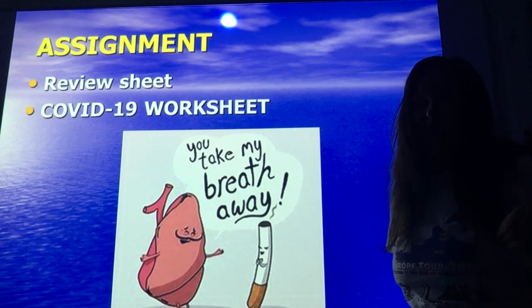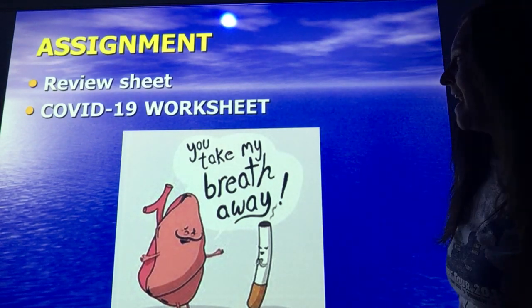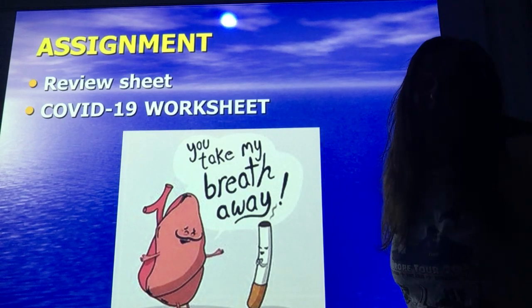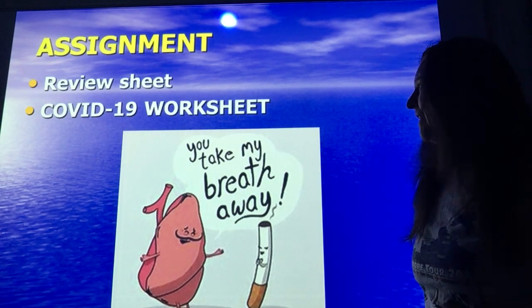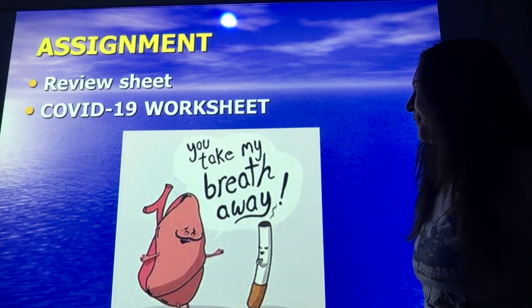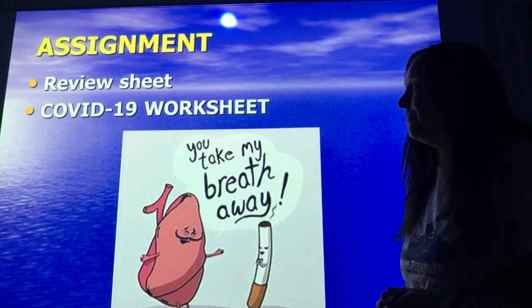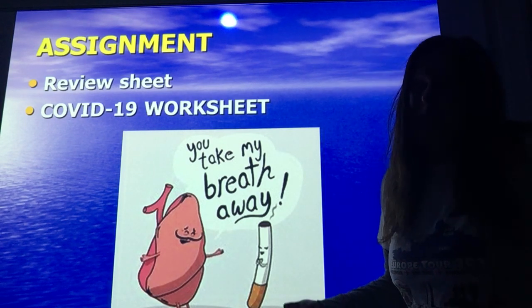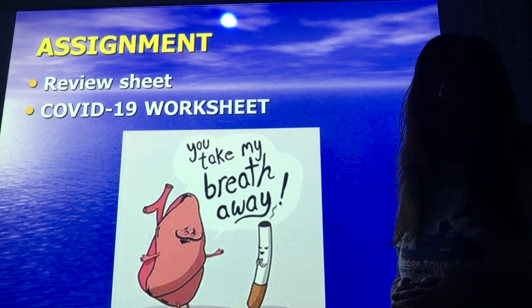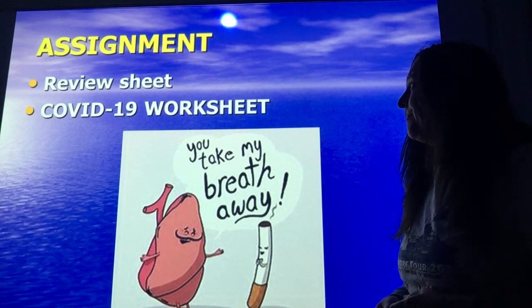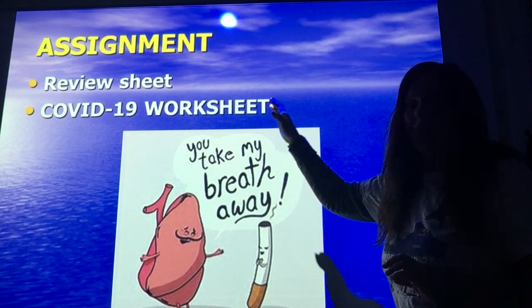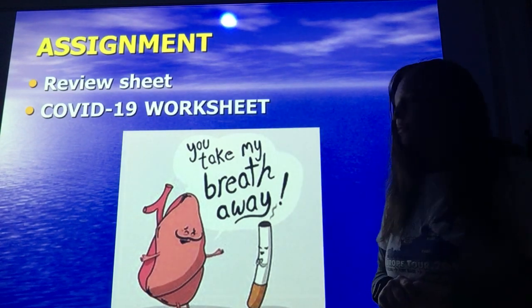You're going to learn about the virus, the proper name of it, how it attacks your respiratory system, why people might end up on ventilators if they get COVID-19. So we're doing that instead. And I think it's more timely, and we should be aware of it, well, it's a respiratory disorder that's basically shut down the entire world for a year plus. So your homework today is just to do the review sheet plus to start working on the COVID-19 worksheet.